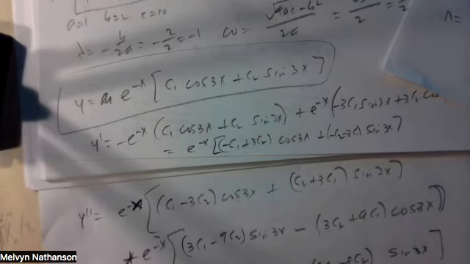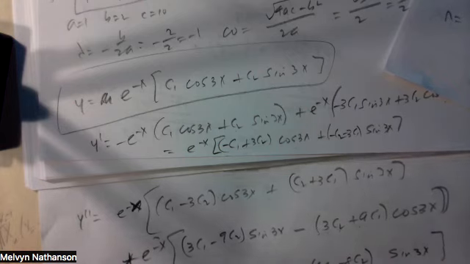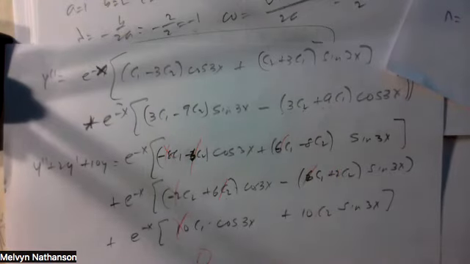So for cosine 3x, I get -6C2 plus 6C2, and these cancel. -8 - 2 + 10 also cancel, so this gives me 0. And here I have 6C1 minus 6C1, and -8 - 2 + 10 cancel. Lo and behold, everything cancels, and this gives me 0. Okay, excellent.